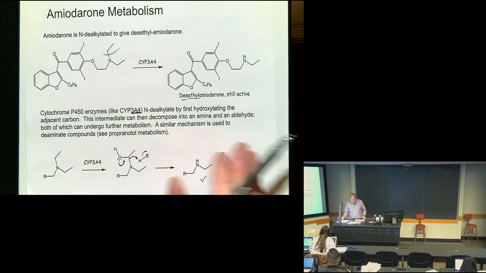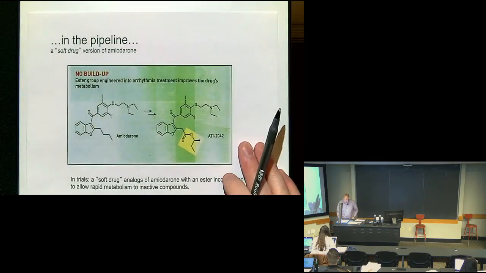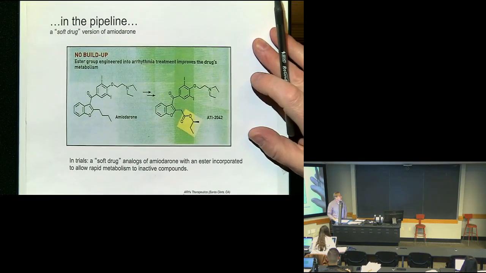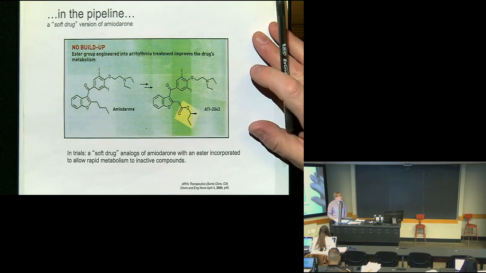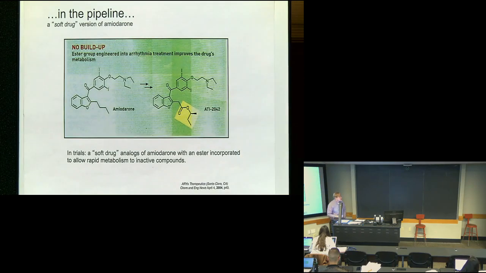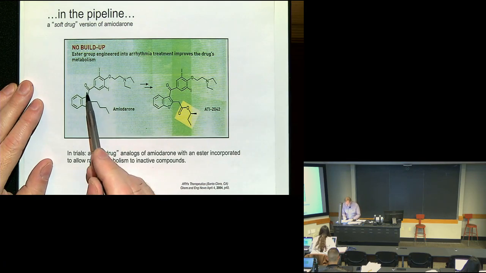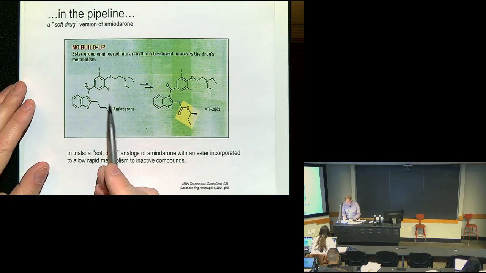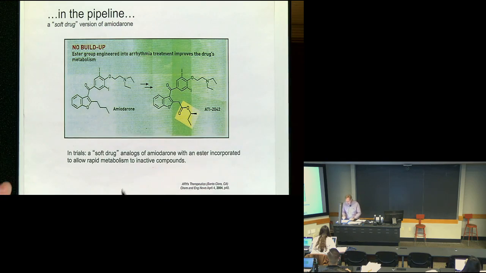Now, metabolism of amiodarone was actually studied because it's thought maybe they could use a soft drug version of this to help ameliorate some of the toxicity. So, we talked about this S-cis bond. Actually, its function is to hold this butyl group in a certain position.